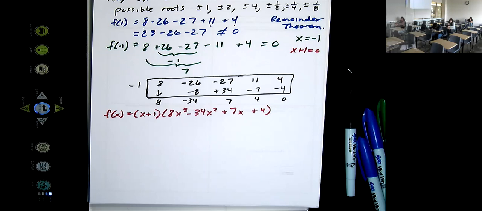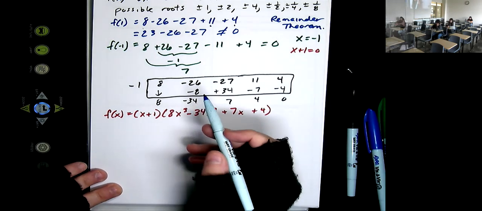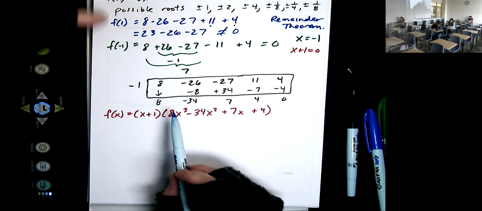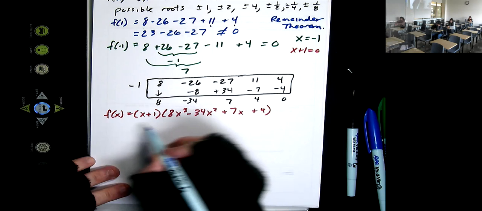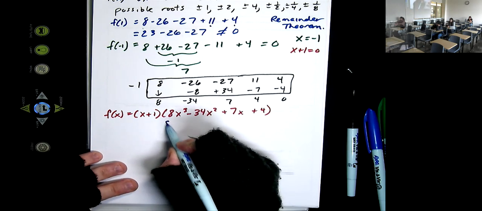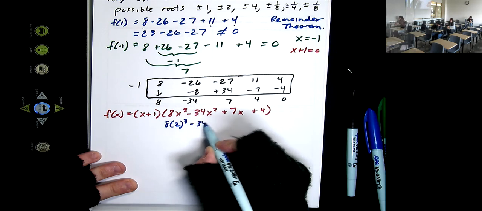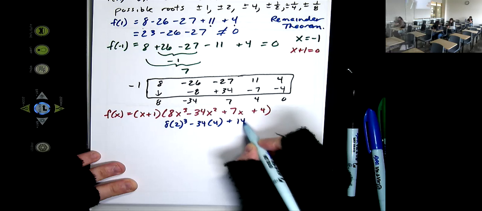So what else could we try? We could try 2. We stick in 2 right here. I don't know, what am I going to get? 8 times 2 cubed minus 34 times 4 plus 7 times 2 is 14 plus 4.